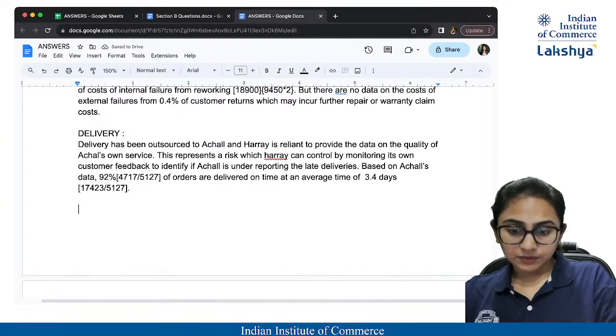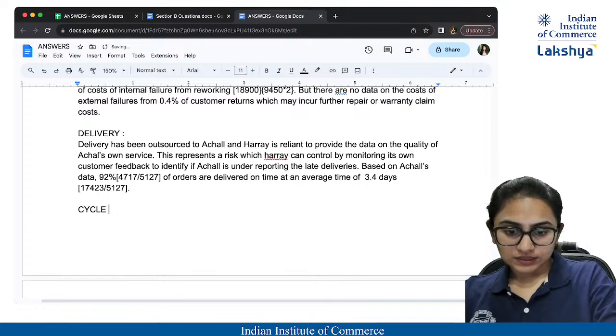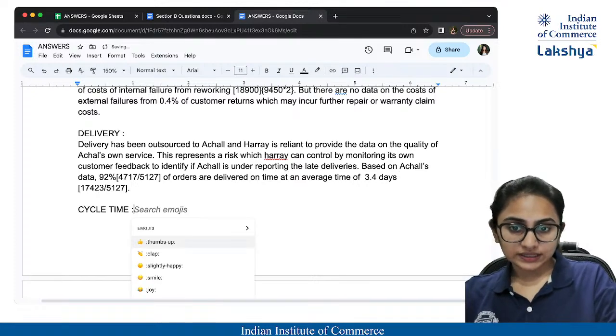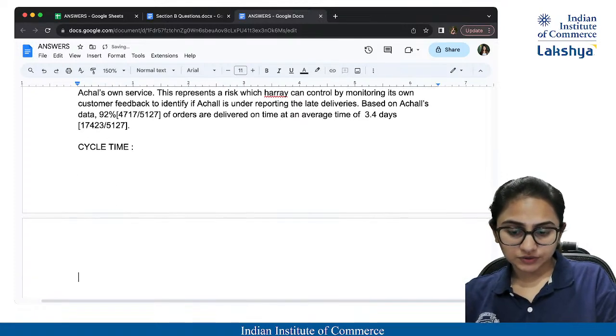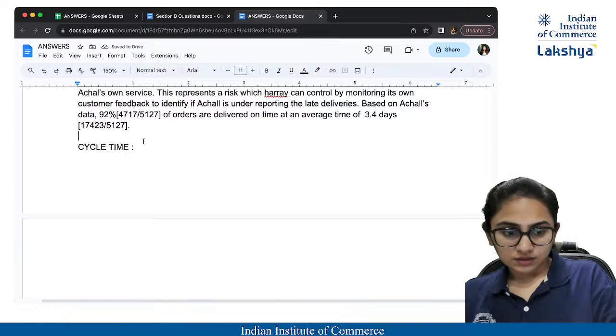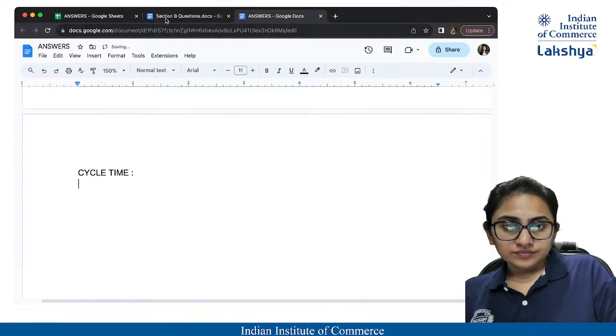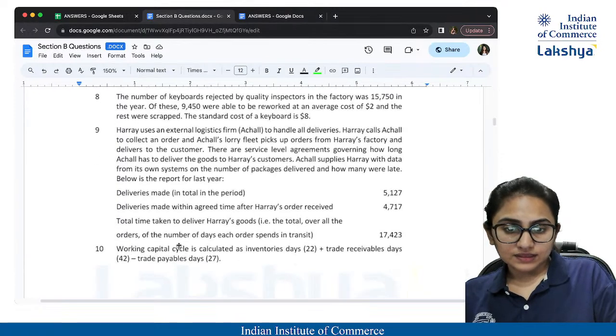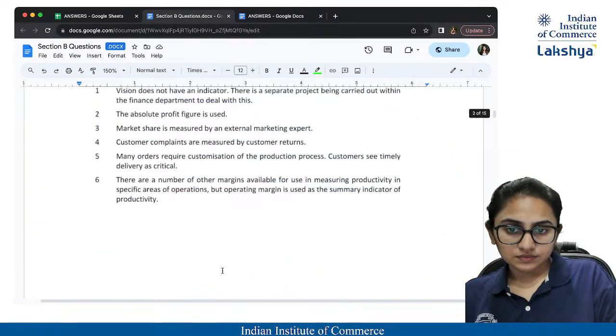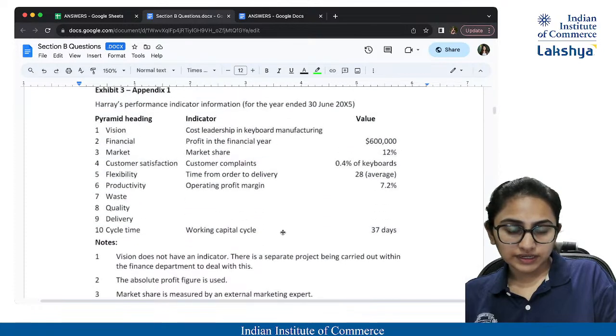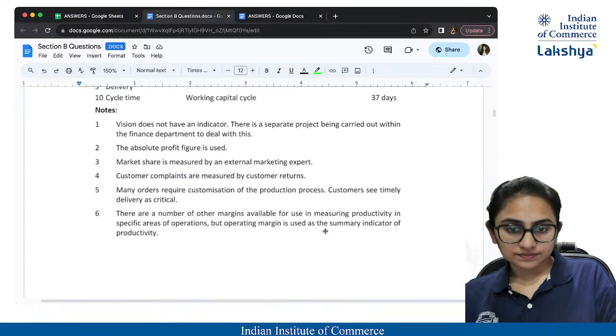And after delivery what do we have? Last one, cycle time. So for cycle time, focus on the last point, this is your cycle, and working capital cycle is 37 days.